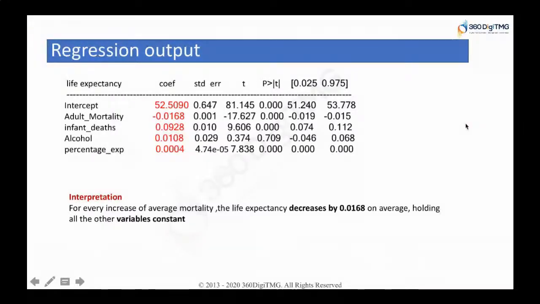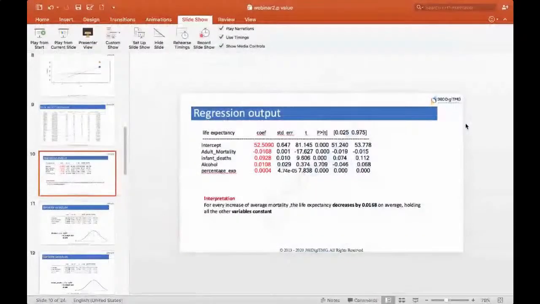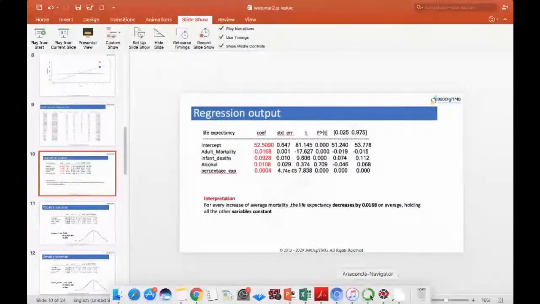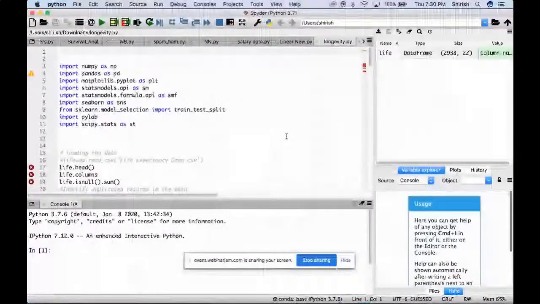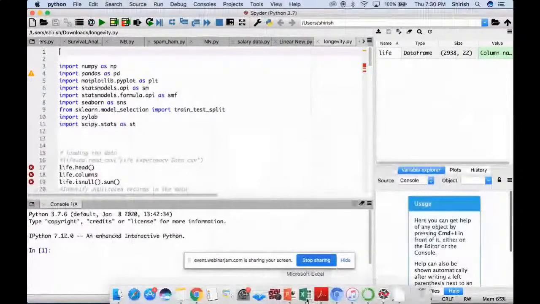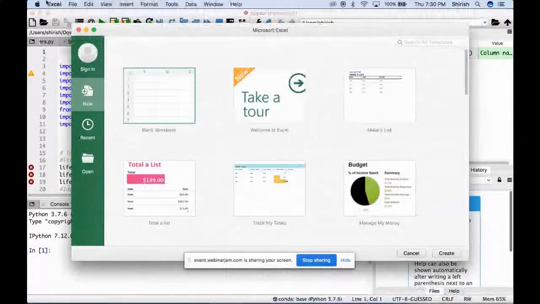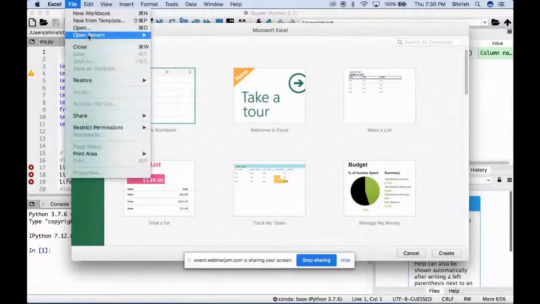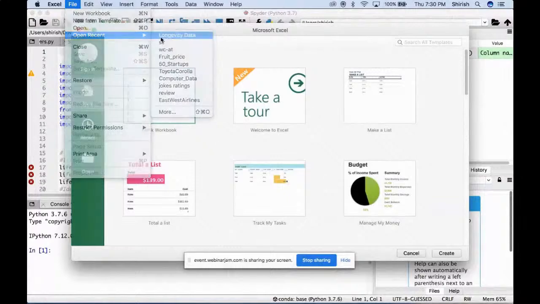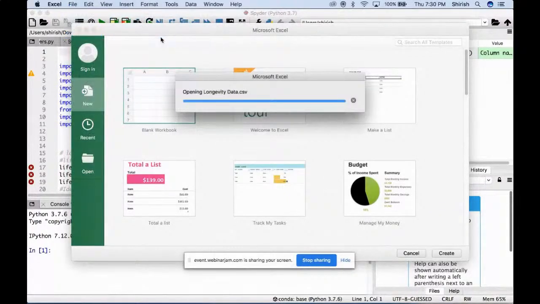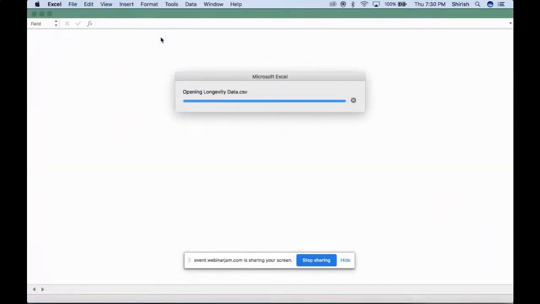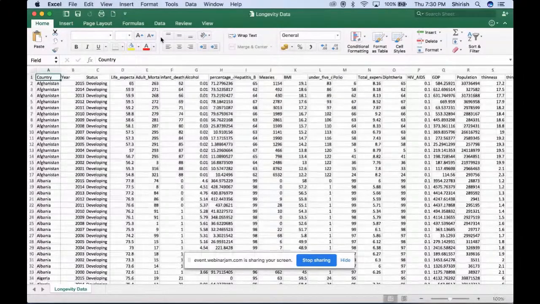So assume that I have built the model. Okay, let me show you the data set first. This is my data set.